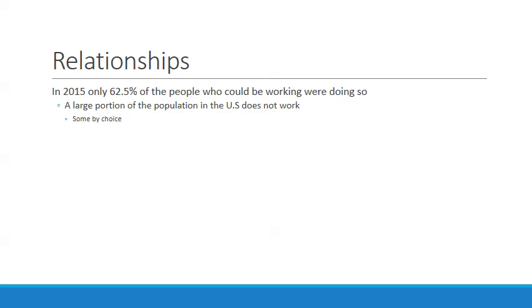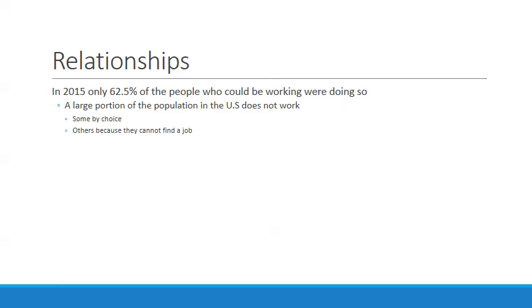Now, why is that though? Some by choice. For example, stay-at-home moms do so by choice. So they are voluntarily not in the labor force. And there are other reasons as well. Some because they can't find a job. Basically, if you think about it from the perspective of supply and demand, you'll see what we're talking about. And you've already looked at it in the context of the black market and minimum wages.